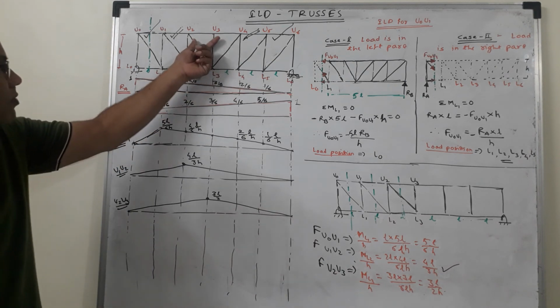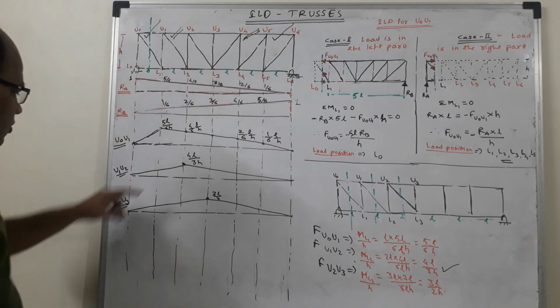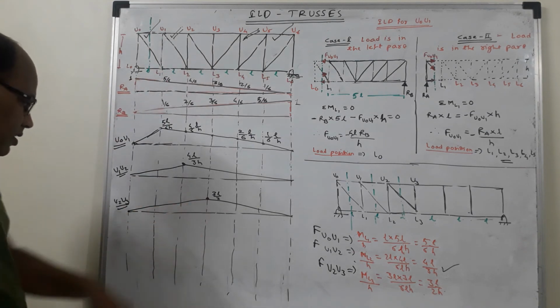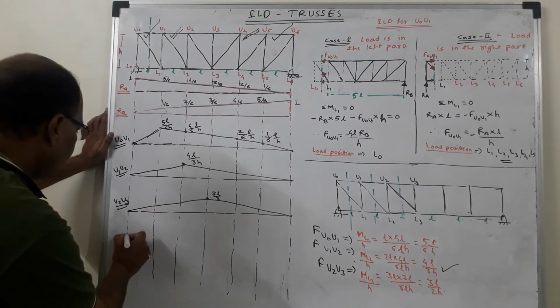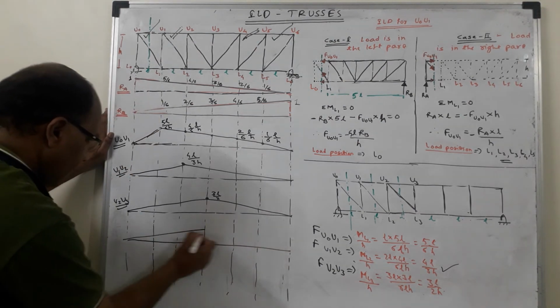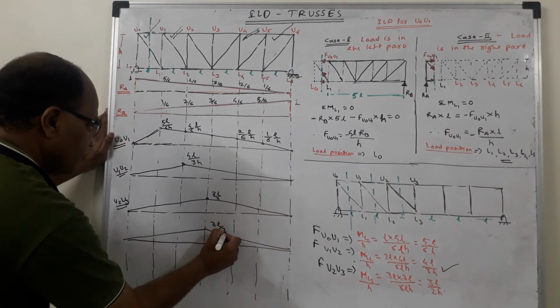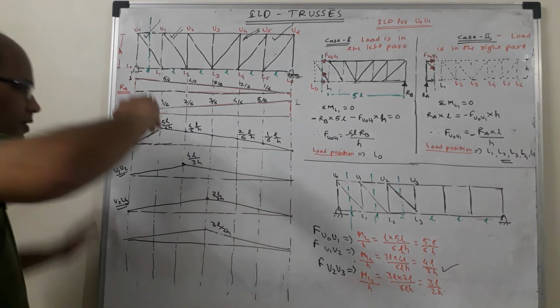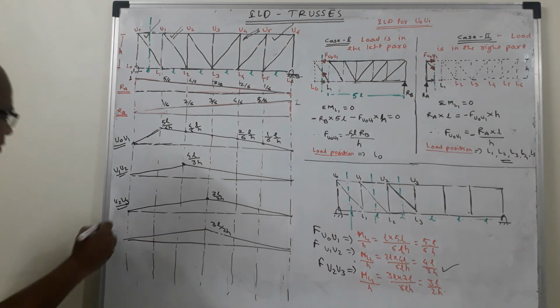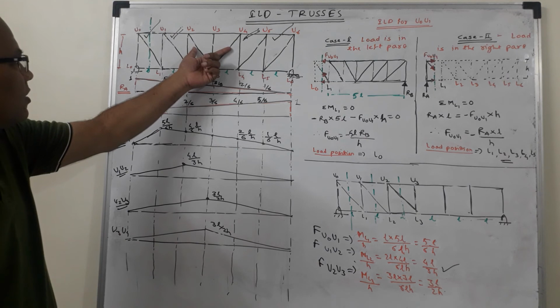Let us start from the central part. ILD for U2, U3 is going to be the same, so the U2, U3 ILD is this one. Now for U3, U4 the ILD will be the same. This is 3L divided by 2H. Now this is the ILD for U3, U4. So these two are the central spans.